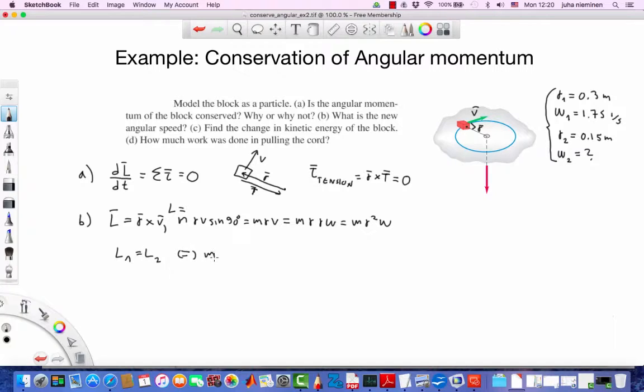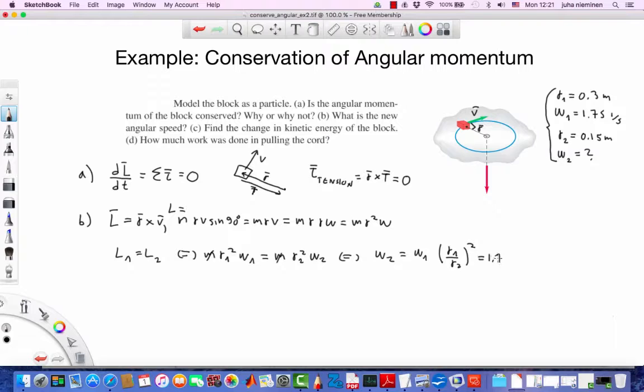We get m r1 squared omega 1 equals m r2 squared omega 2, and so for omega 2 the mass cancels, so omega 2 is just omega 1 times (r1 over r2) squared.